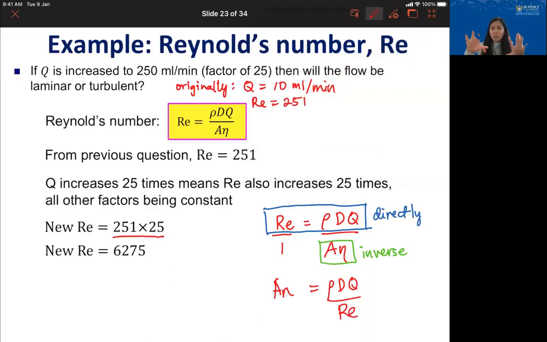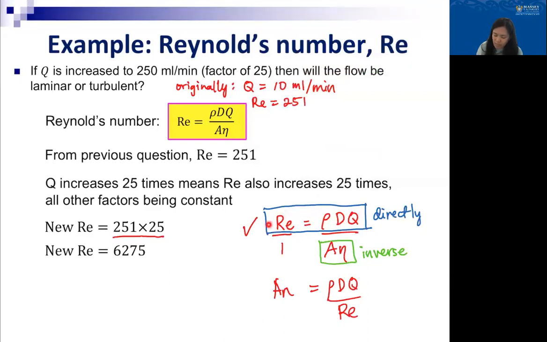But when you're comparing two quantities and saying directly proportional or inversely proportional, those two quantities should be at opposite sides of the equal sign. So we can only conclude direct or inverse proportionality between quantities that are at opposite sides of the equal sign. So the equation should be in this form, so that Reynolds is on one side and Q is on the other side of the equal sign.